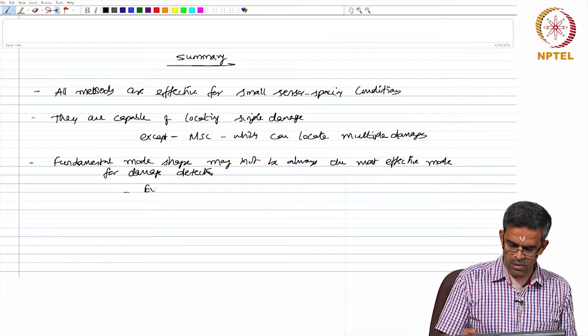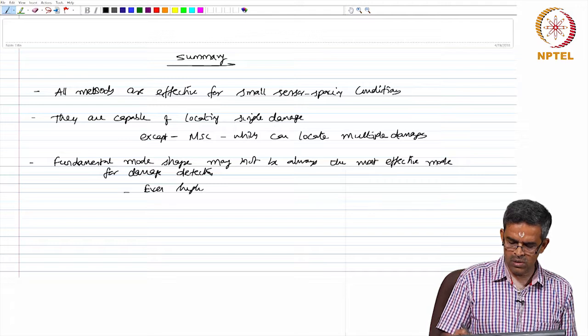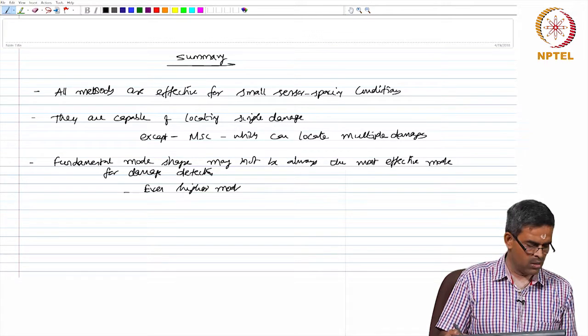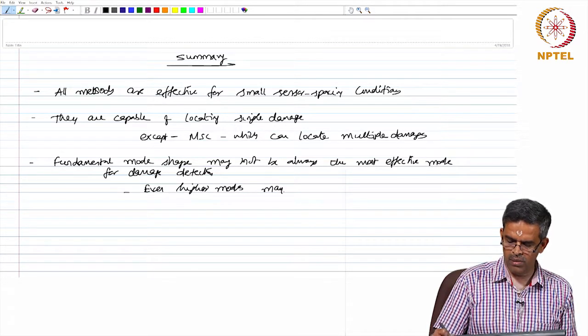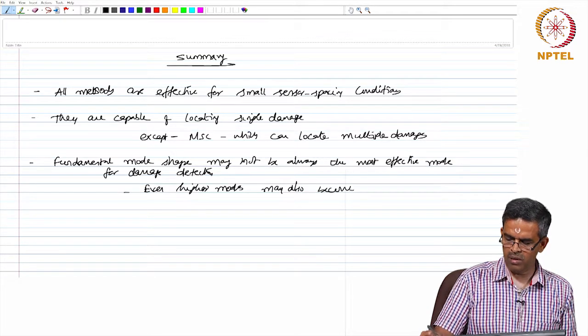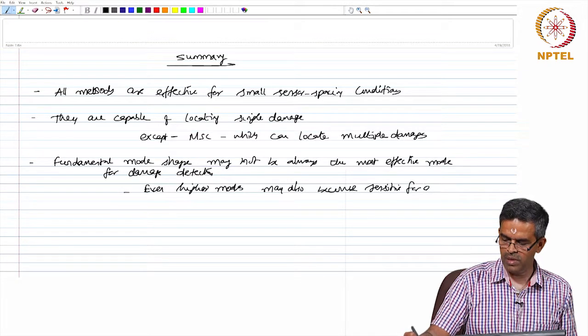Even higher modes may also become sensitive to damages.